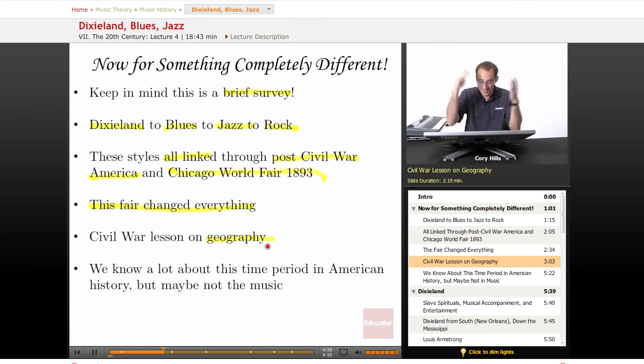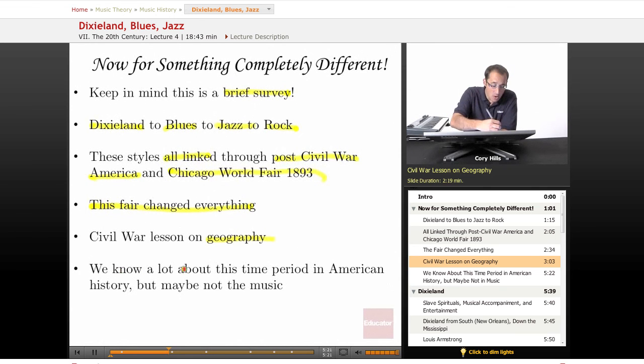Look at a map, it goes all the way up through Illinois, and it's been rumored that a lot of musicians started before this World's Fair in New Orleans and took a riverboat up to Chicago to the fair and performed along the way and were famous by the end of the trip.